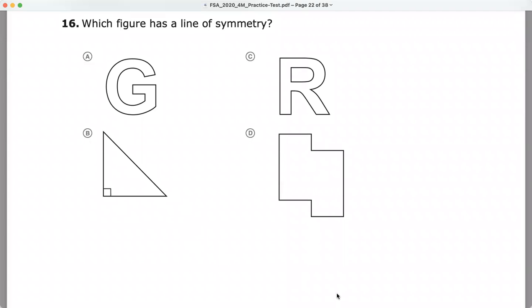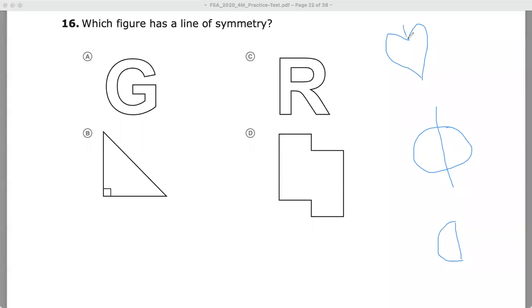For example, if I had a circle and put a line down the middle, folded in half, it would be the same. Or a heart: if I put a line down the middle this way and folded it in half, it would look like that.